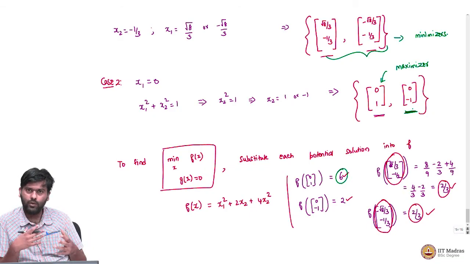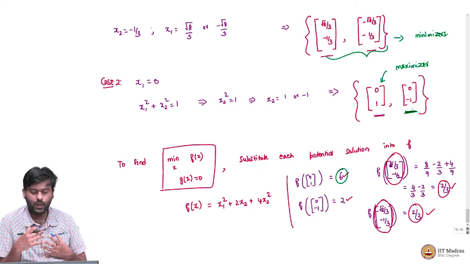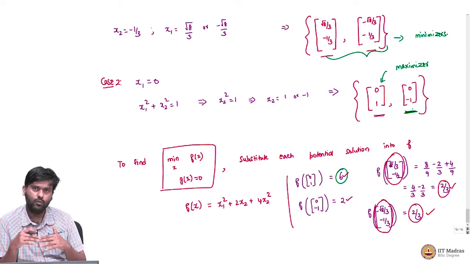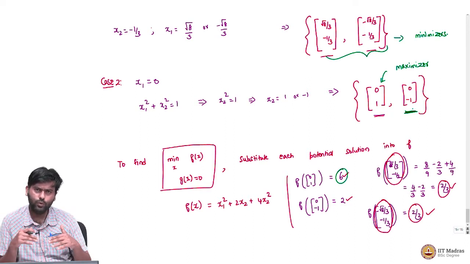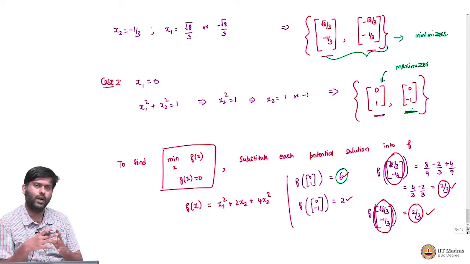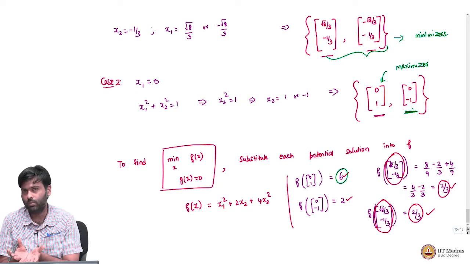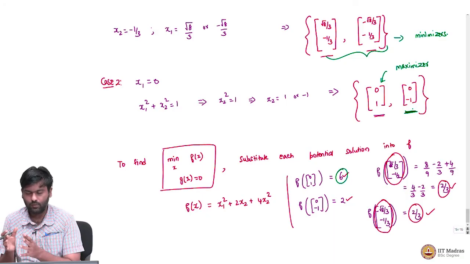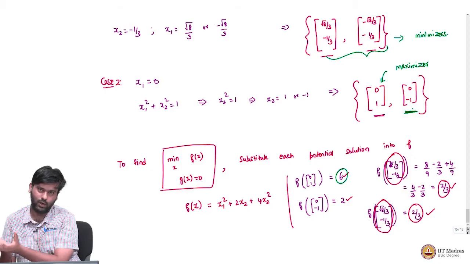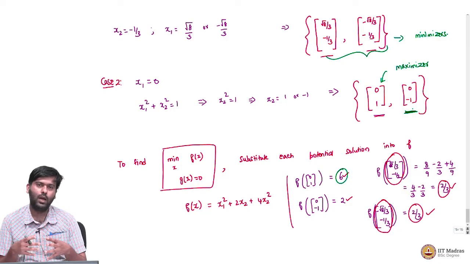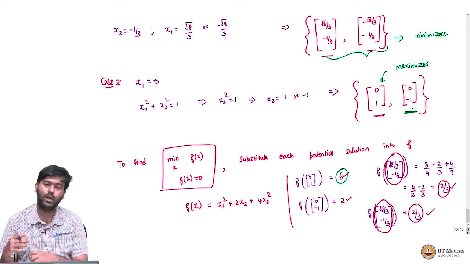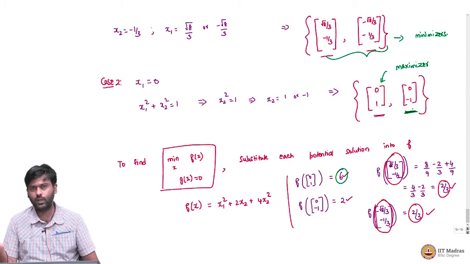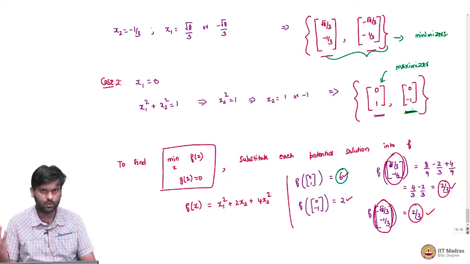And by carefully analyzing these equations, we solved for lambda and used that to solve for x1 and x2, right. That gave us in this case 4 possibilities, and by plugging each of these possibilities into the function, we saw that some of these points gave smaller values and some gave larger values. The points which give the minimum values are indeed the minimizers of this function, and the points that give the higher values end up being the maximizers of this function.